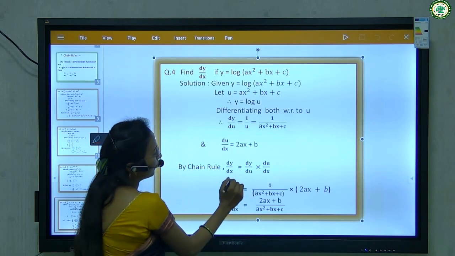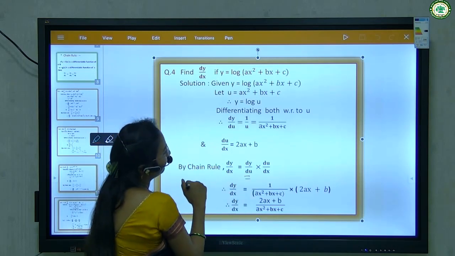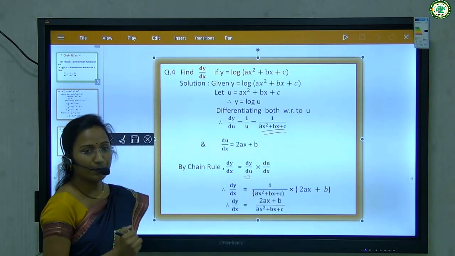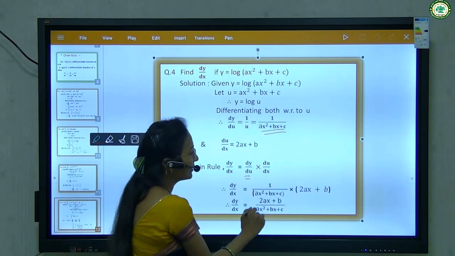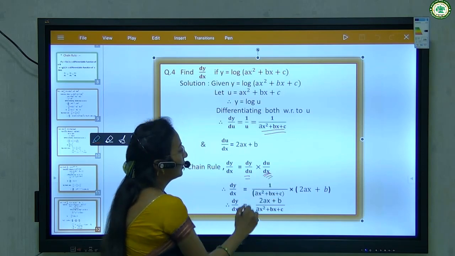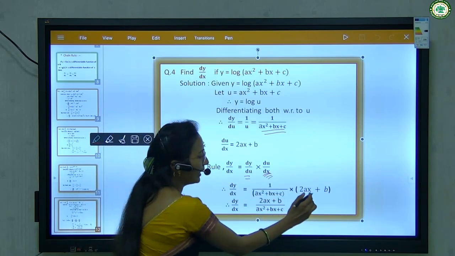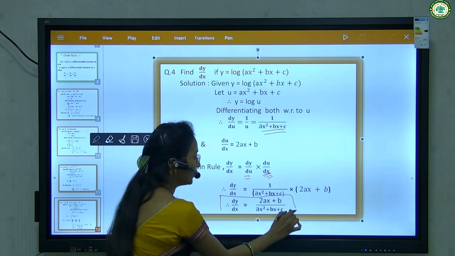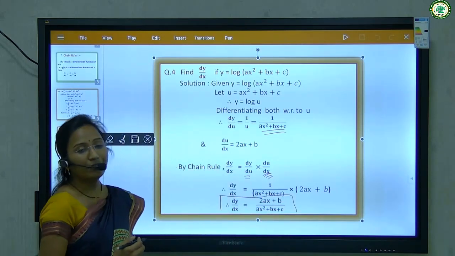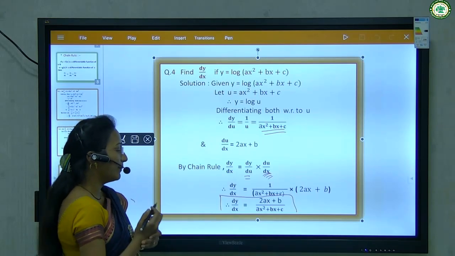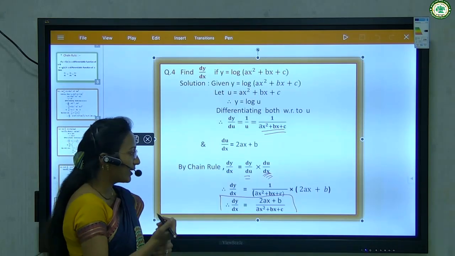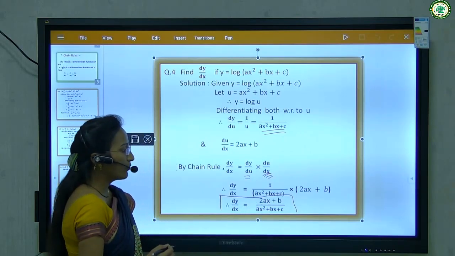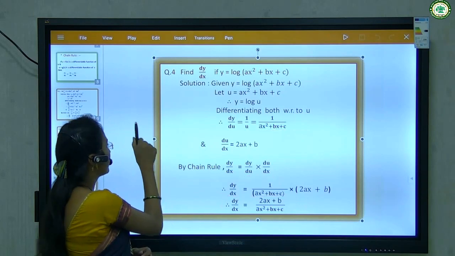The value of dy upon du is 1 upon ax square plus bx plus c, and the value of du by dx is 2ax plus b. Therefore, by calculation, the rate of change of the dependent variable with respect to the independent variable, dy upon dx, is equal to 2ax plus b divided by ax square plus bx plus c.